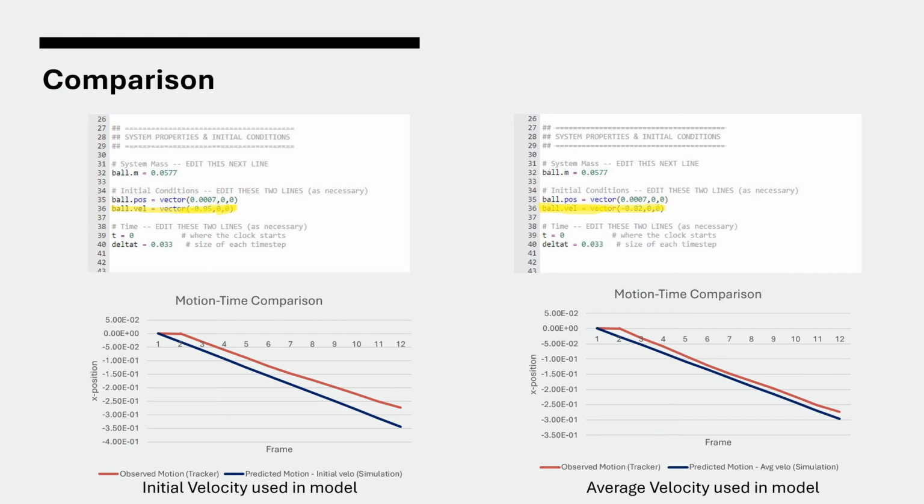The average velocity was taken using the final velocity and the initial velocity, which is taken between two different points at the very beginning and the very end of the tracker video. It's shown that the tracker video actually has a lower velocity because the force of friction is acting against the ball in motion. This is a net force in the opposite direction of the motion, so it has a change of velocity which is negative, and that's why it has a lower velocity.